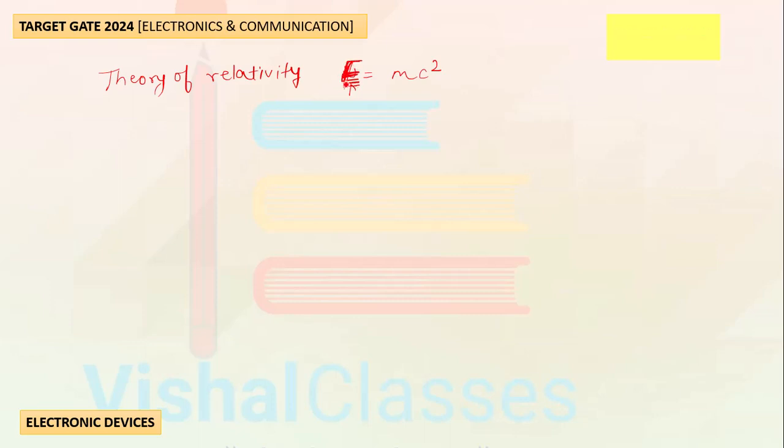Don't change the notation. E equals mc square is the total energy, unit is joule. m is mass, and c is velocity of light in vacuum, in meter per second.